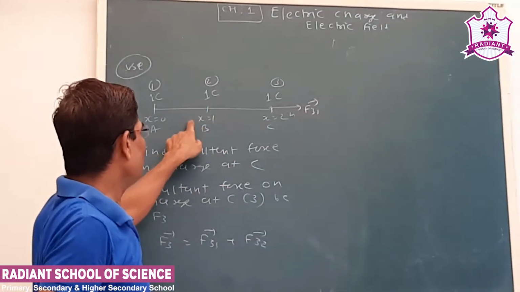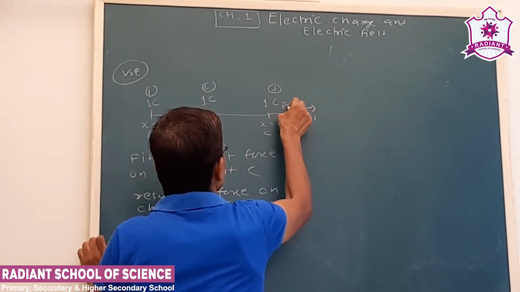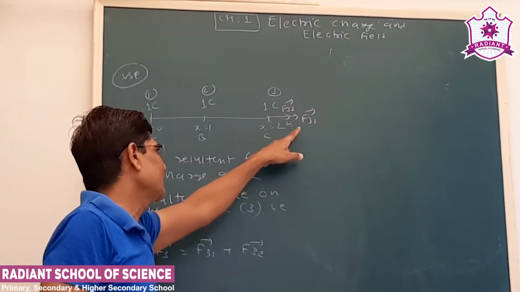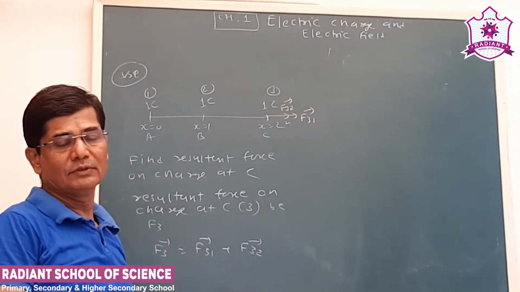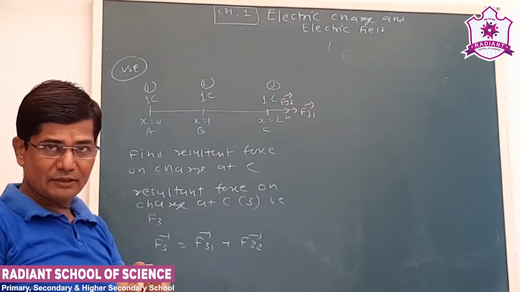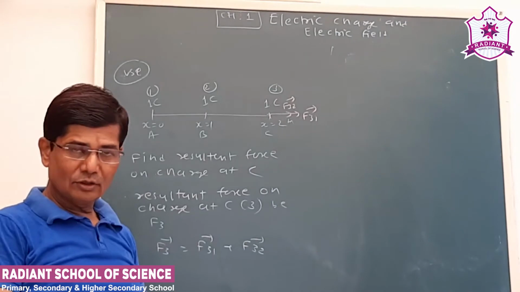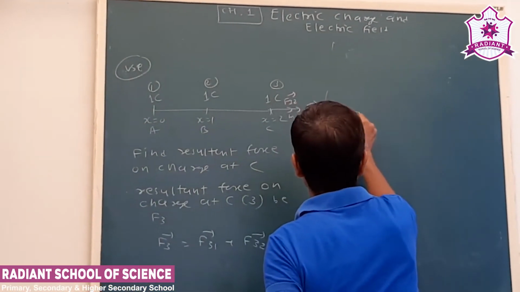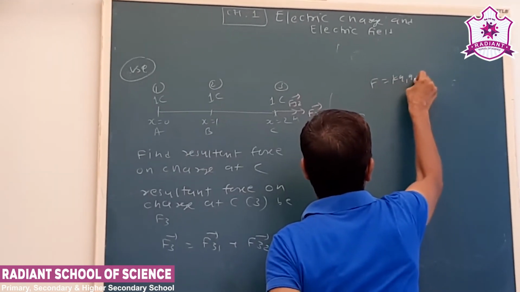Between 2 and 3 also there will be a repulsive force. Now we can see that F31 and F32 are in the same direction. We saw that when given vectors are in the same direction, we can consider them as scalars. So right now we write only the magnitude. So F3 is equal to, again we use F equal to KQ1Q2 upon R square.